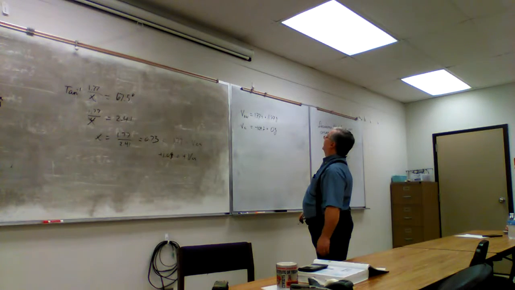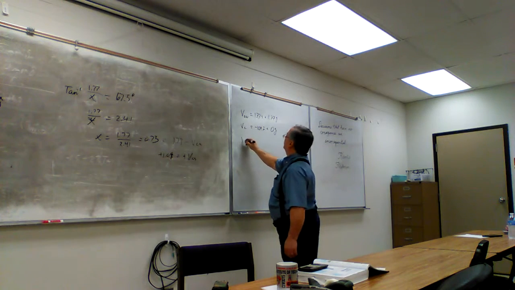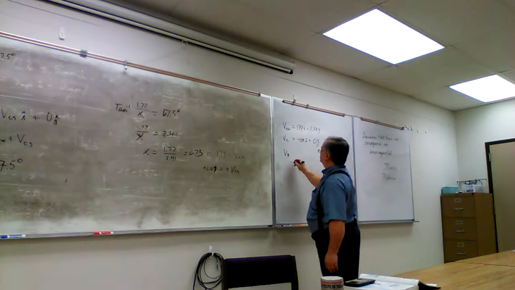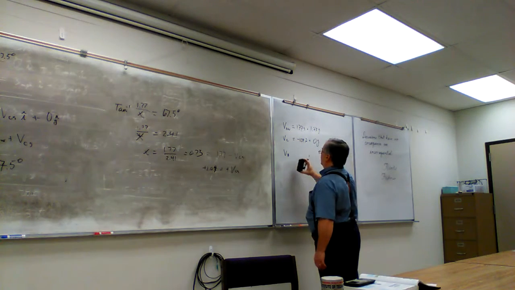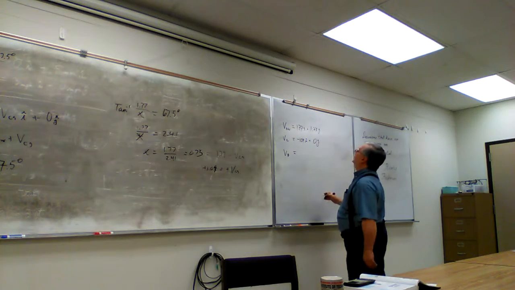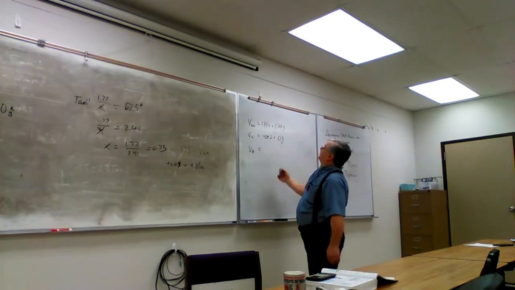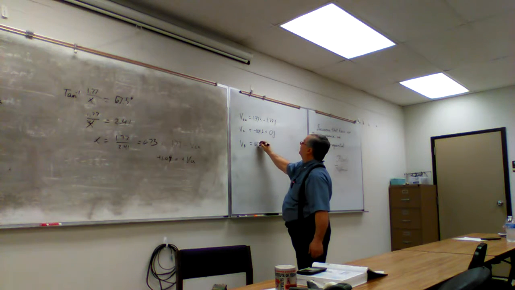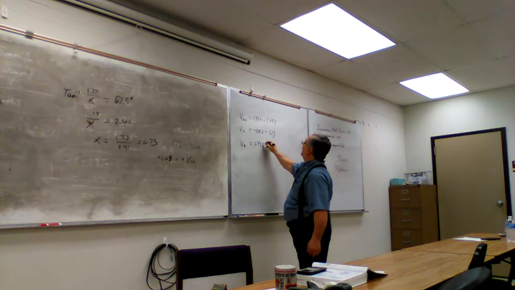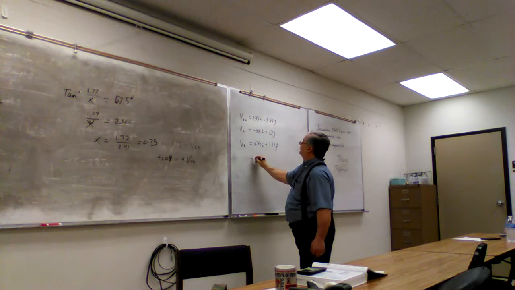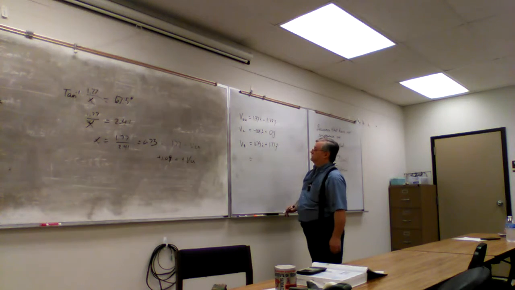We add those together, we end up with a net velocity of the boat relative to the shore. 1.77 minus 1.04 is 0.73 I plus 1.77 J, which gives us a magnitude.